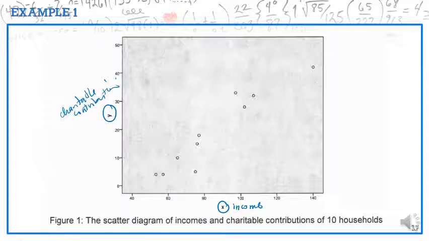And from the scatter plot, we can see that there exists a positive linear correlation between income and charitable contribution. Because here, as you can see, as X increases, Y tends to increase. Positive relationship between the two variables.